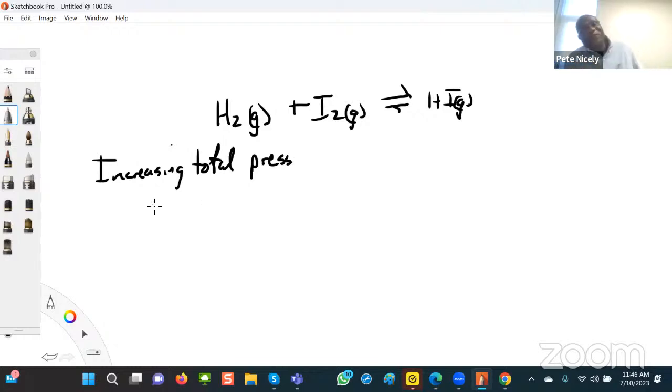Will it shift from left to right or from right to left? Oh, I'm sorry. Again, I forgot to balance the equation. You need a 2 here. That's important. Okay, so the question still stands. Which direction will the reaction shift in response to increasing the total pressure?